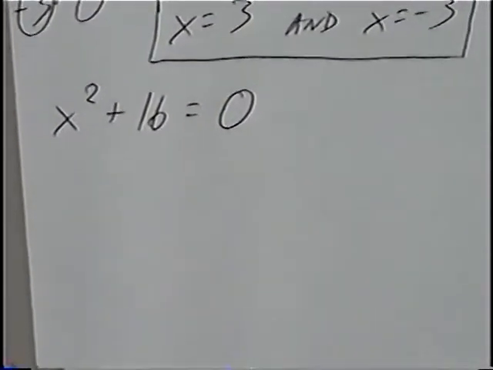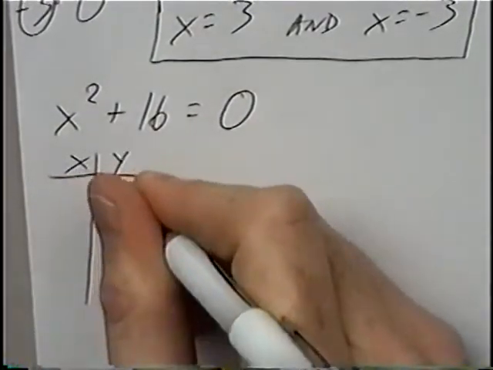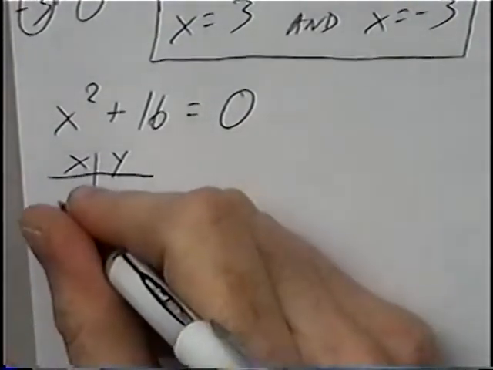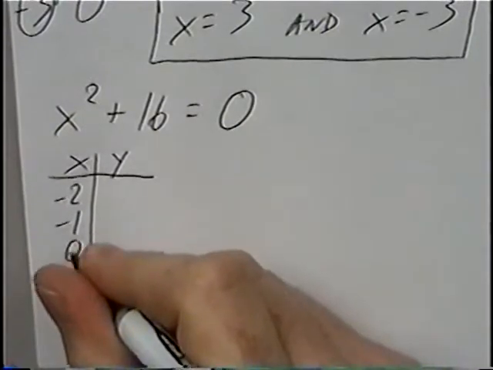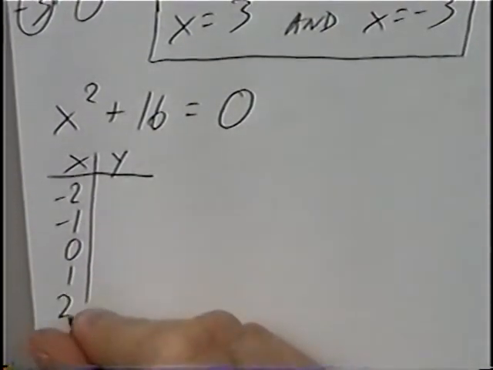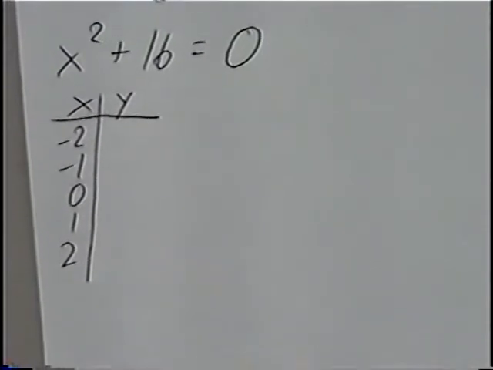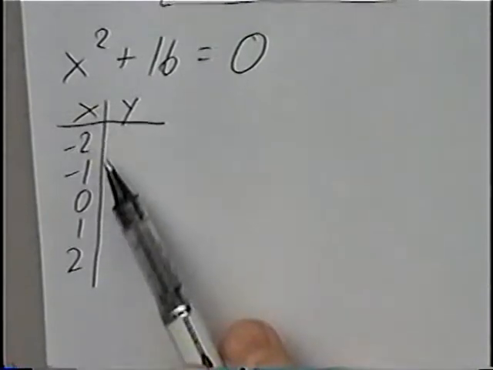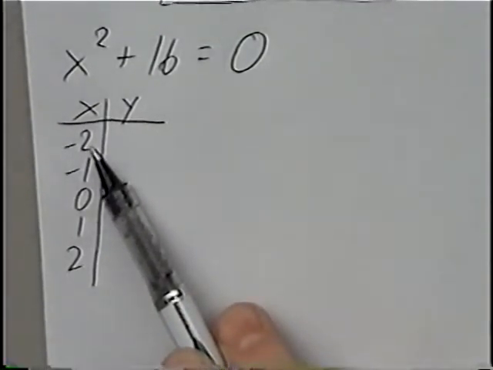Solve this by graphing again. We can use a t-table. The t-table again, we can use the same numbers that we've been using before, which again are negative 2, negative 1, 0, 1, and 2. Plugging a negative 2 into the equation, negative 2 squared would be negative 2 times negative 2, which is positive 4.